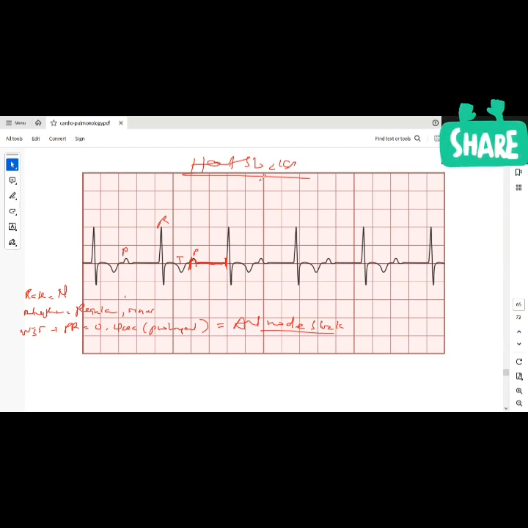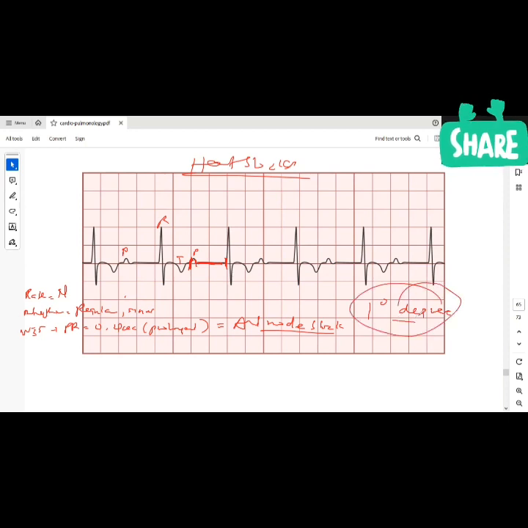So my diagnosis would be what? What kind of heart block is this? This is your first degree, right? First degree heart block.